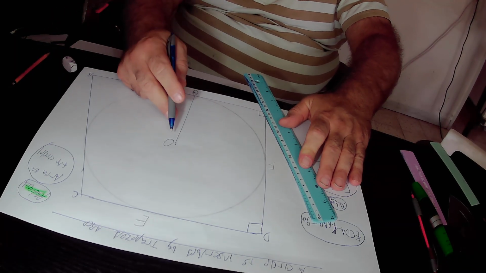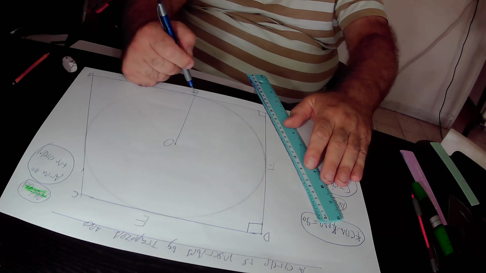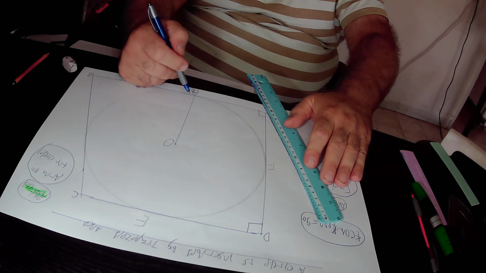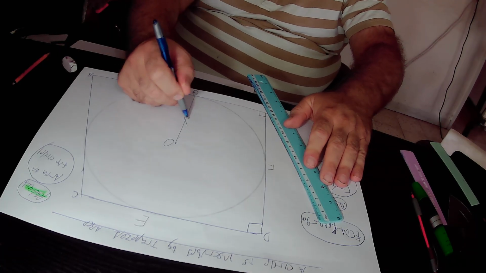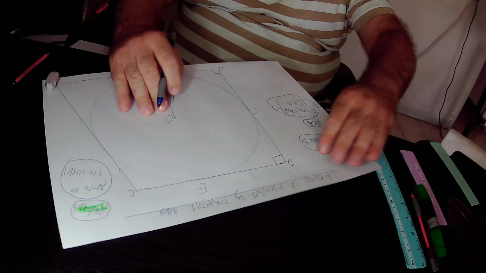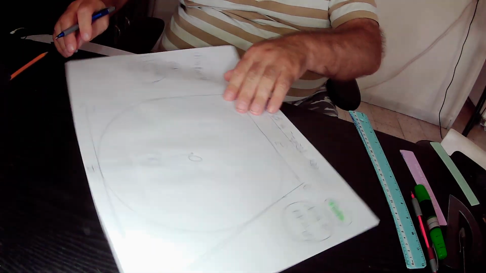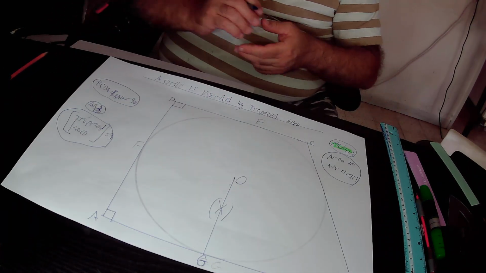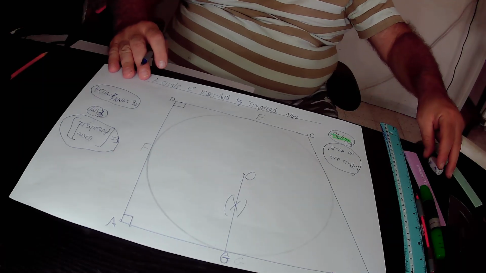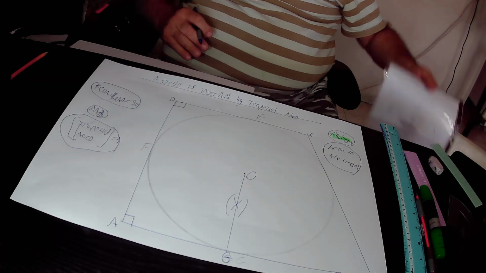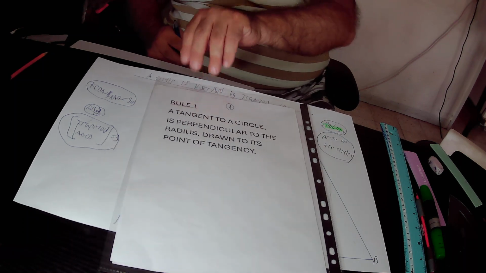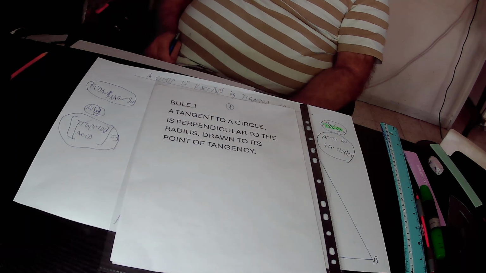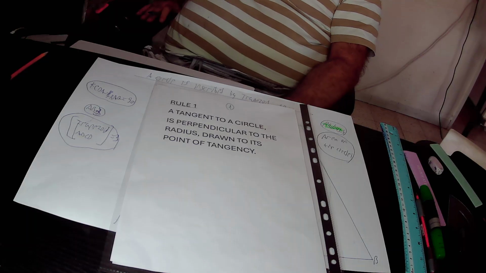Point O is the center of the circle, point G is a point on the circle itself, therefore OG is the radius of this circle, which equals x. So here we can implement rule 1 in our drawing. Please pick up rule 1. According to rule 1, a tangent to a circle is perpendicular to the radius formed to its point of tangency.